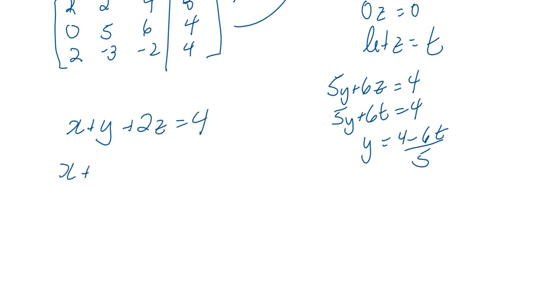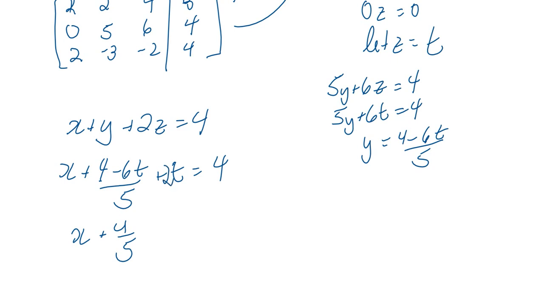But y is now 4 minus 6t over 5, and z is t. Okay, now we want to solve this for x, or simplify it for x, and then our final answer will be a line. So the three planes must intersect in a line, so this must be case 7.